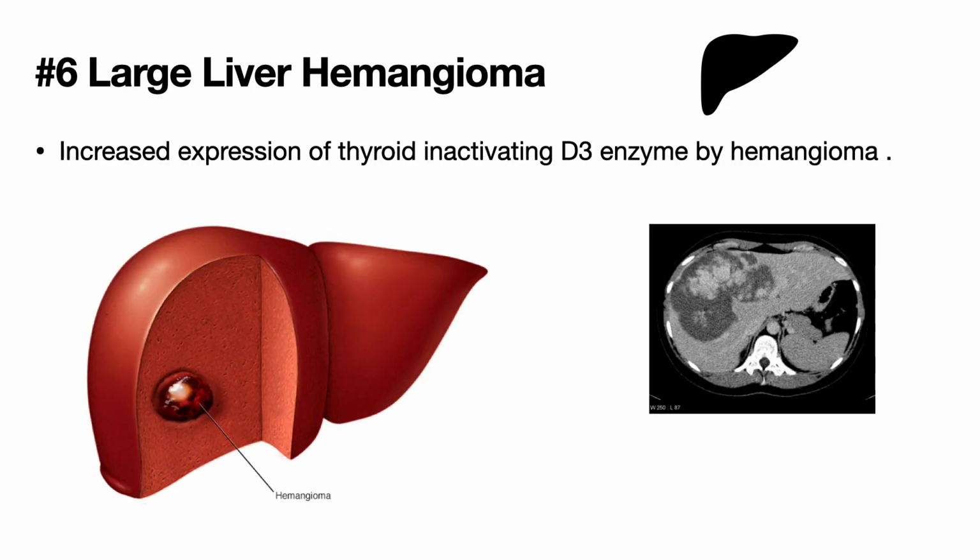Now let's see the last type of transient hypothyroidism, the sixth type, large liver hemangioma. There is an increased expression of the thyroid inactivating D3 enzyme by the hemangioma, which inactivates the active thyroid hormone.